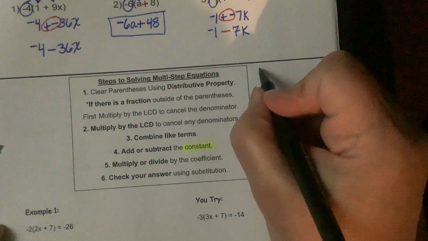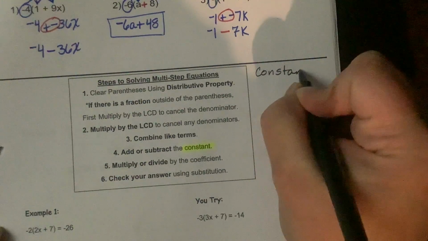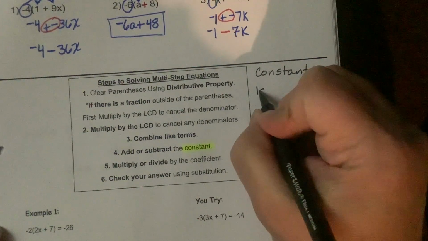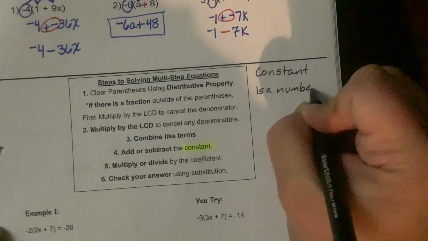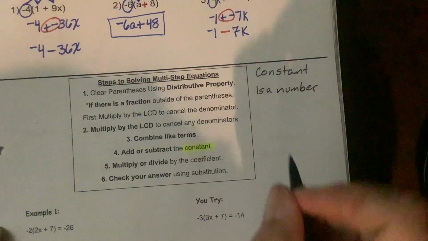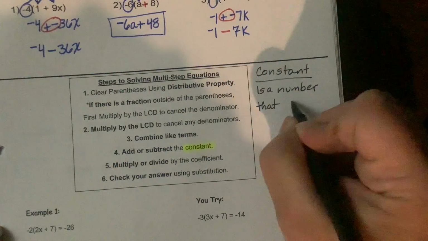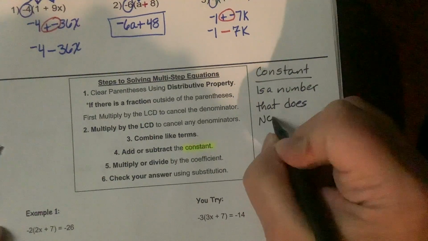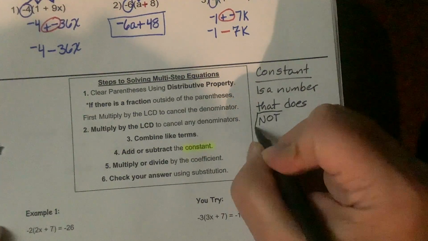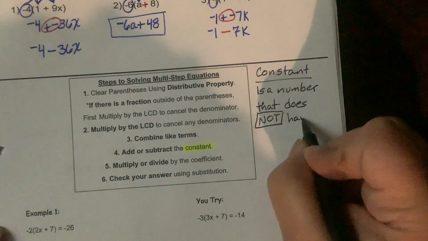So the constant is a number that does not have a variable. I'm going to write capital N-O-T, and I'm going to put a box around it because that's important. Does not have a variable.